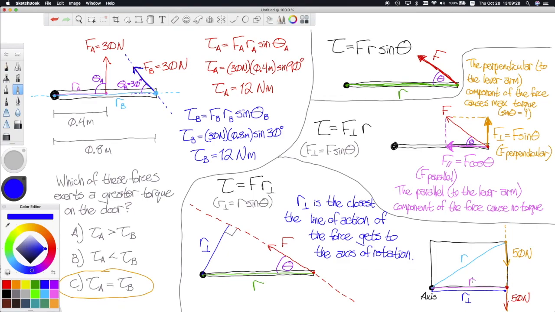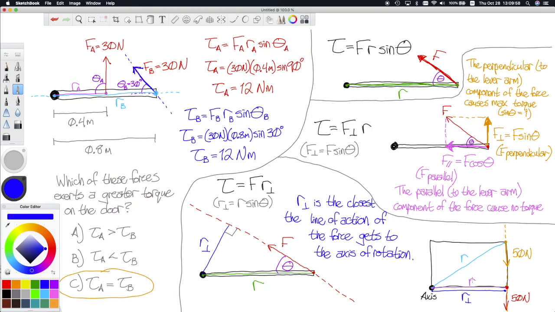So even though these two forces are applied at different distances from the axis of rotation, and even though the forces would have different values for theta in their equations, because the red force is perpendicular to its lever arm, but the orange force is not perpendicular to its lever arm, we can still see that these two forces exert the same torque by thinking about the perpendicular lever arm.